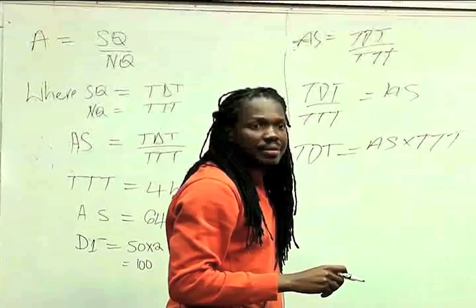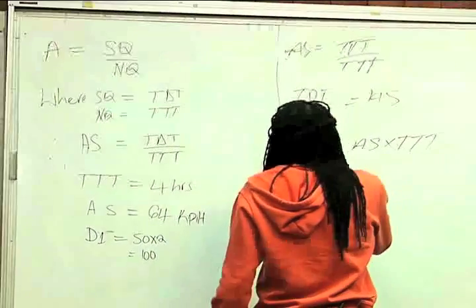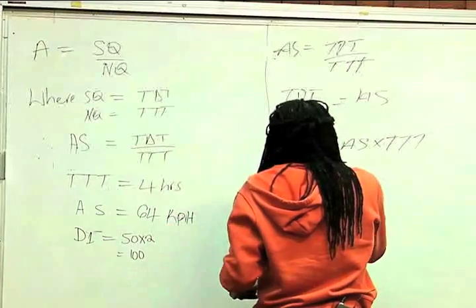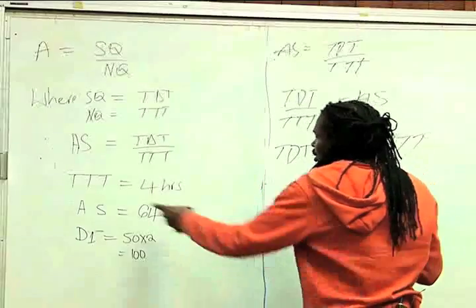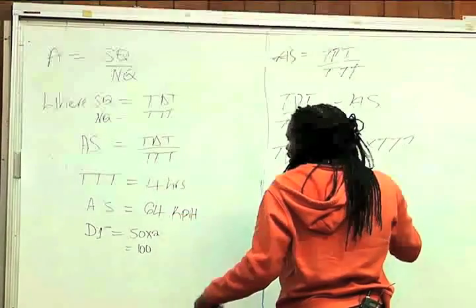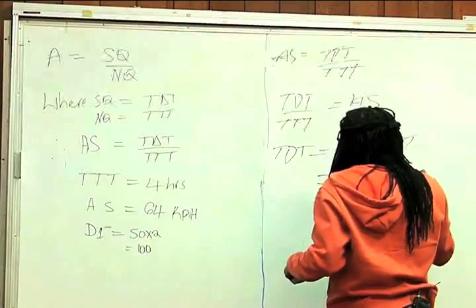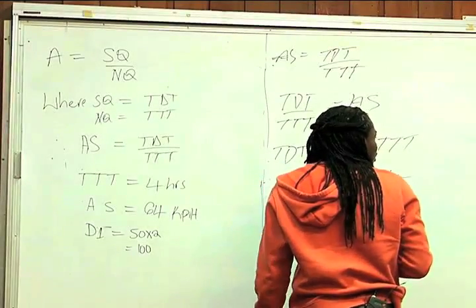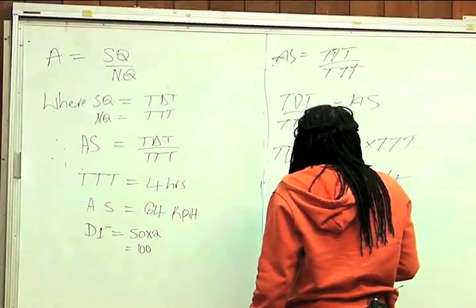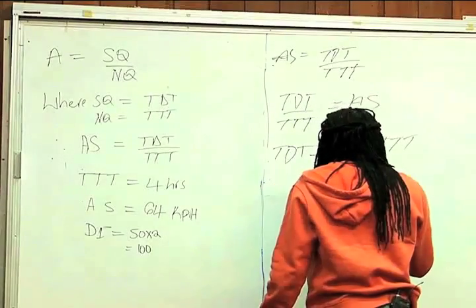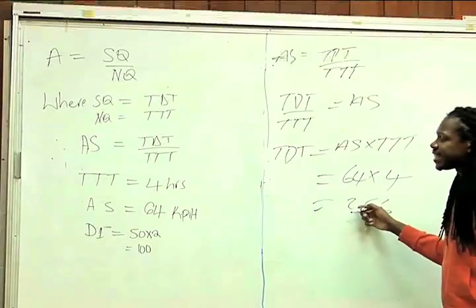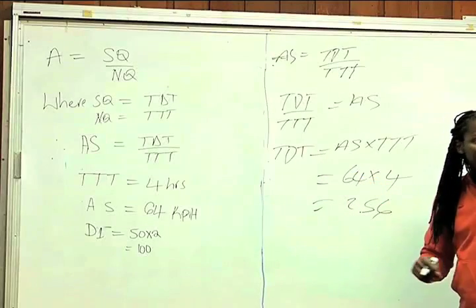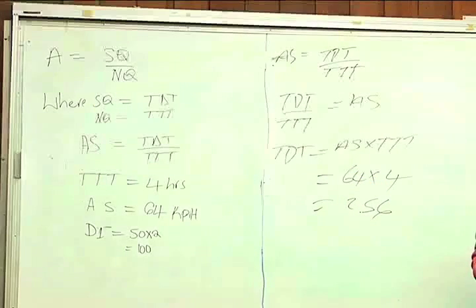So in this case TDT is equal to AS 64 times TTT 4, equals what? 256. So TDT equals 256. That is the total distance traveled.